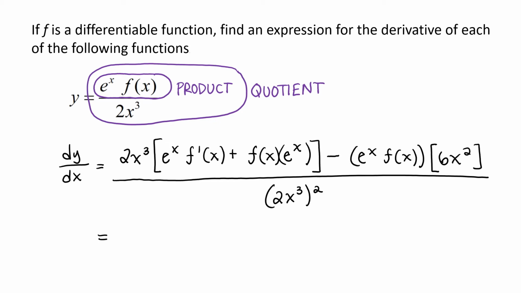And then we'll need to simplify this a bit. So we have a common factor of e to the x. So this e to the x will be factored out to the front, and then we could factor it out all the way as well. We also have a common factor of 2 and a common factor of x squared.